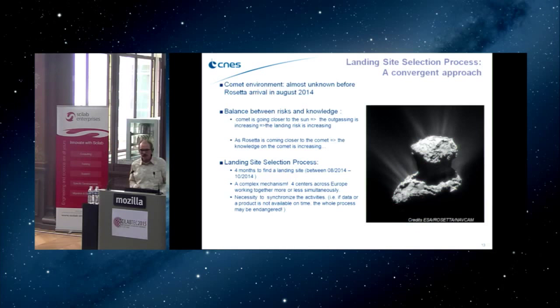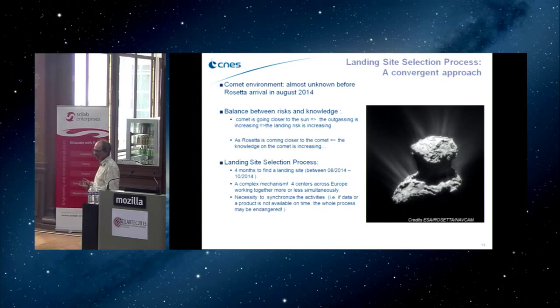So let's talk about the landing site selection process. Before Rosetta arrived in the vicinity of the comet, the comet was very poorly known. We knew almost nothing about it except its orbit. So, in order to plan a landing on the comet, you had to better characterize the comet, to know its gravity field, to know its outgassing, to know its rotation.